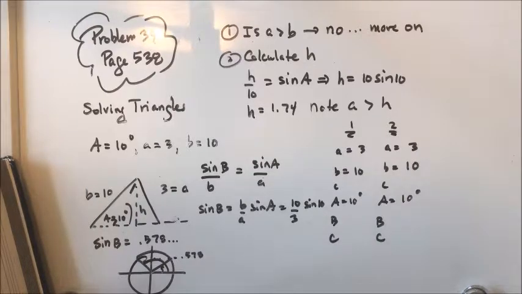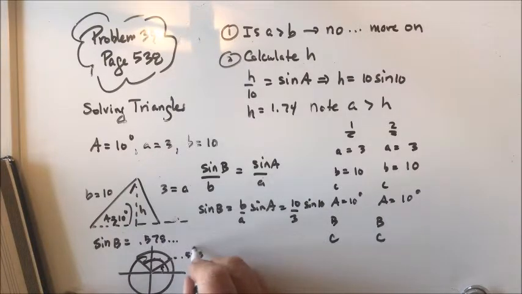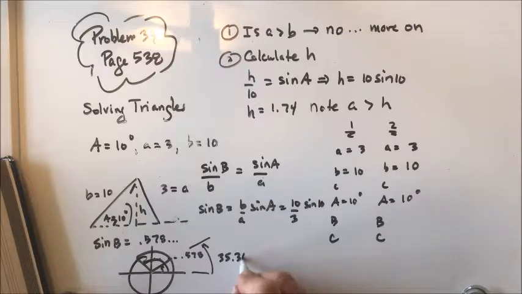So now let me calculate what that angle is by punching arcsine. Arcsine, and what I'm going to find is this angle right here, this guy, is 35.368 degrees, okay?